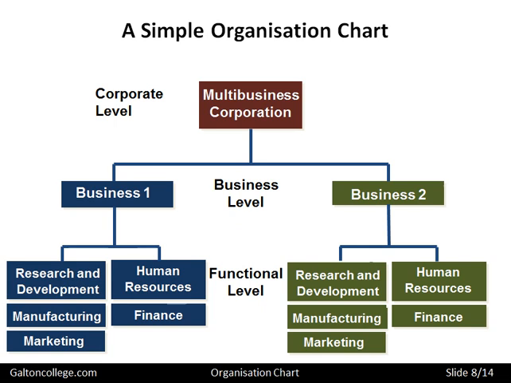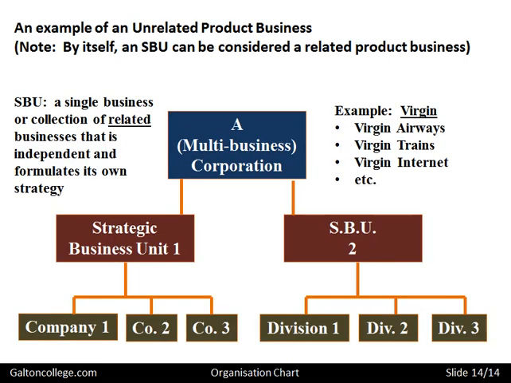That's a possibility. Or the corporate level going to businesses who have their own functional levels. That's a possibility. And of course now we've got to the example we're just dealing with, where we have strategic business units.